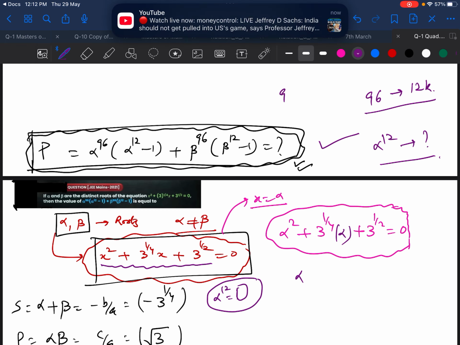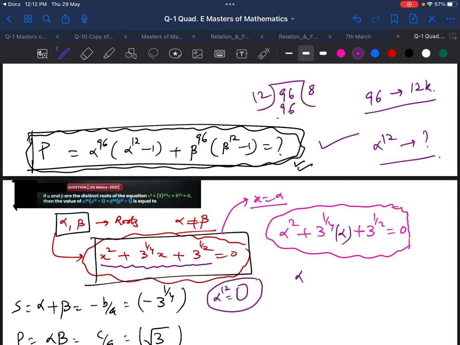If I divide 96 by 12, I find 8, so I can say 96 is 12 into 8. So I will use this concept in calculating this expression, that I can reach alpha raised to power 12 first.